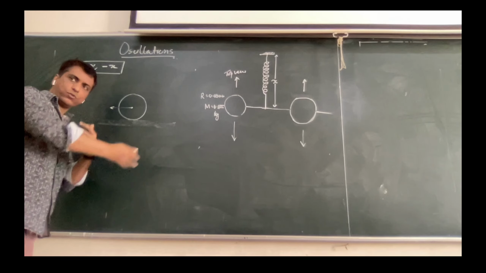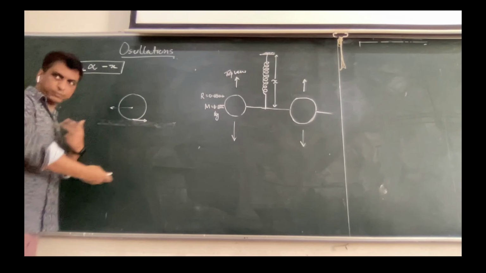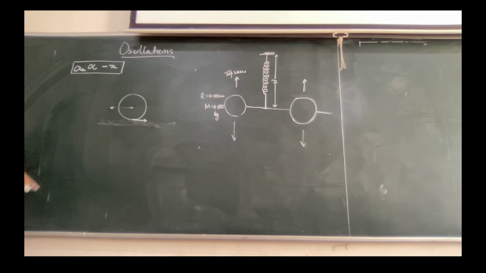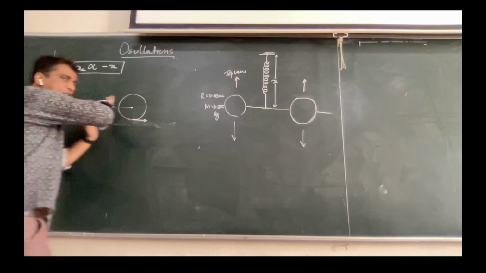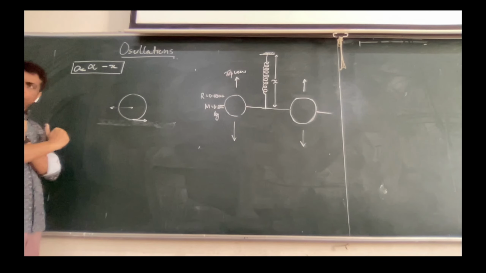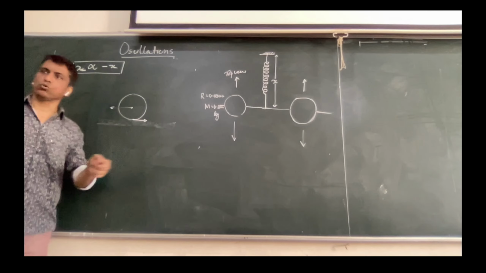Static friction. Static friction will work this way. Remember, you pull it this side, it has to roll this way. So static friction will work this way. If you push it, then the static friction will work this way. So static friction will help the sphere to roll back and forth.